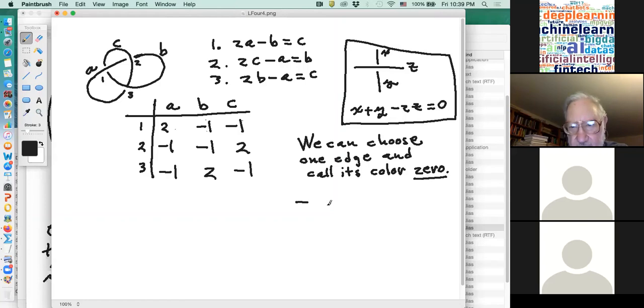The reason is as follows. If I have a coloring x, y, and 2y minus x, I think we said this before, but it's worth saying again. I could look at what happens when I multiply all the colors by a constant, or if I add something to all the colors.